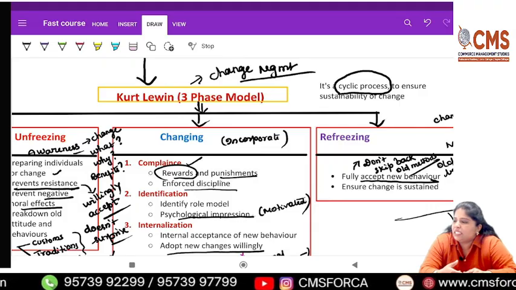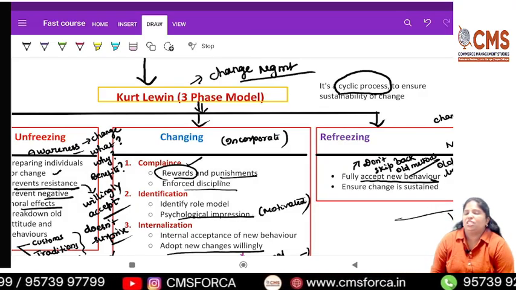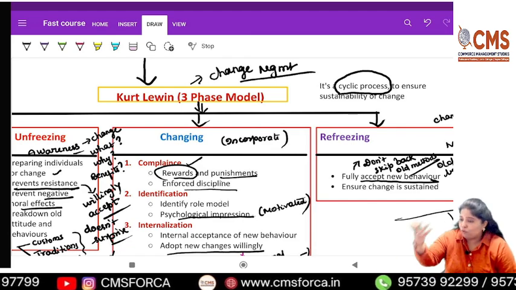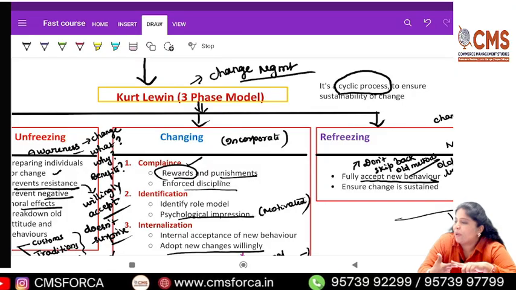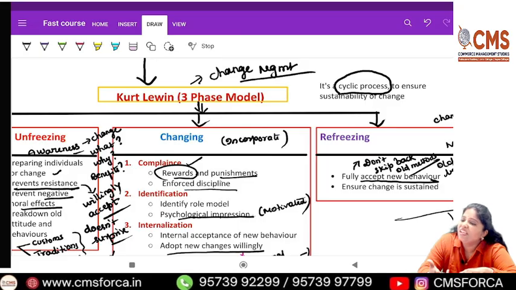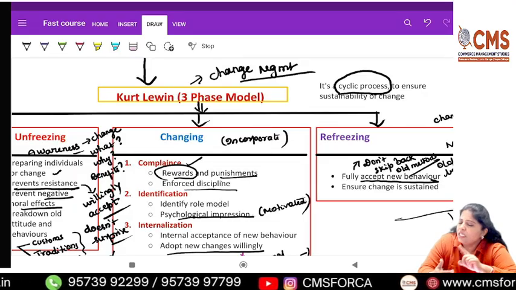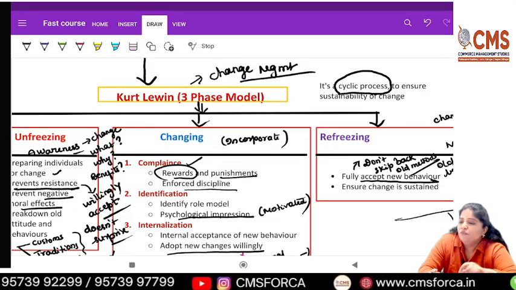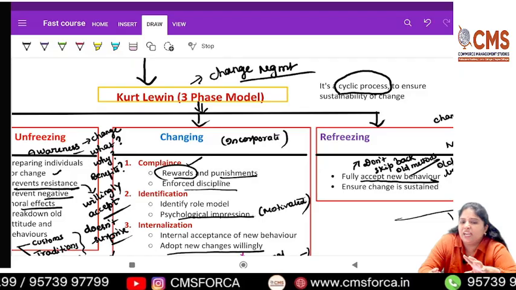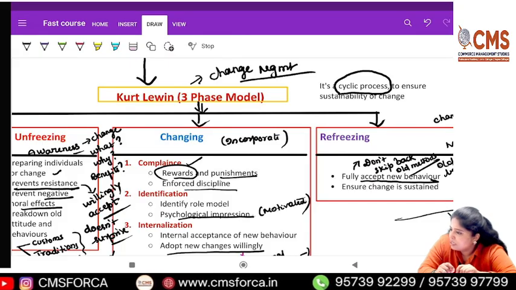Next comes the second step, where you incorporate the change. How do you make your employees follow the change? Through punishments, rewards, a role model, or making them realize themselves that the change is beneficial. Third step is refreezing, where you make your change permanent and normal. And that requires continuous reinforcement.